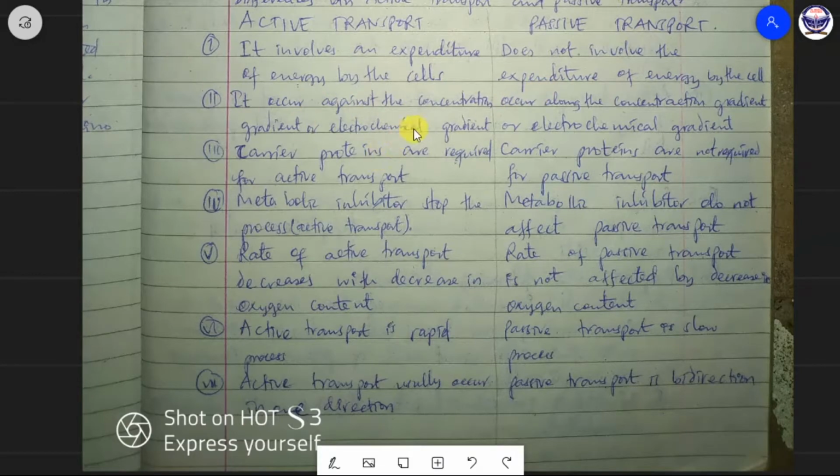Number 2, active transport occurs against the concentration gradient, while passive occurs along it. Carrier proteins are required for active transport, while carrier proteins are not required for passive. Then metabolic inhibitors stop the process.